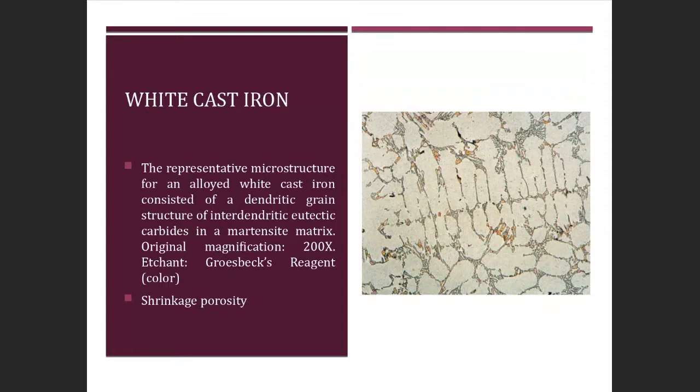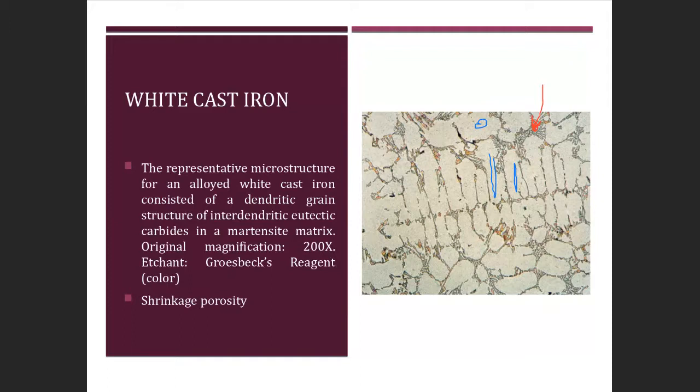Okay, this forms martensite based on the heat treatment it went through, but your white regions that you see here and here, okay, that's your dendritic structure. So your carbides are interdendritic, which means those carbides are sitting right here, okay, and they're going to be eutectic carbides, just based on the phase diagram.